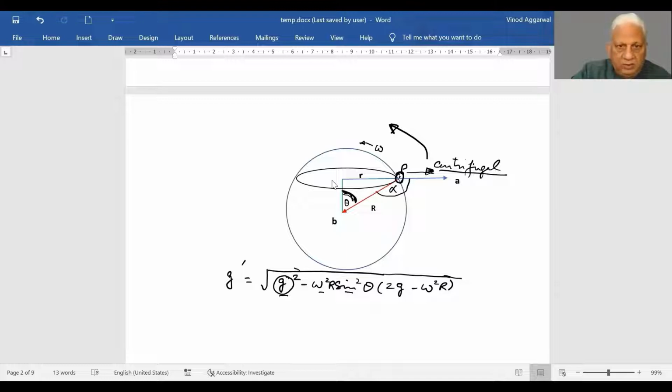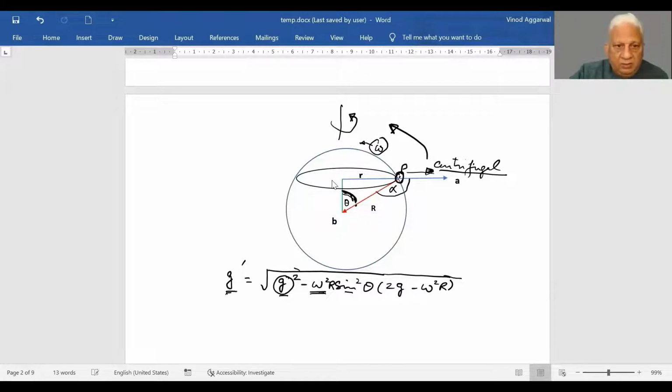Omega is the angular speed at which the Earth is rotating. Or rather, if you see it like this, it will be rotating like this. Then theta is this angle.